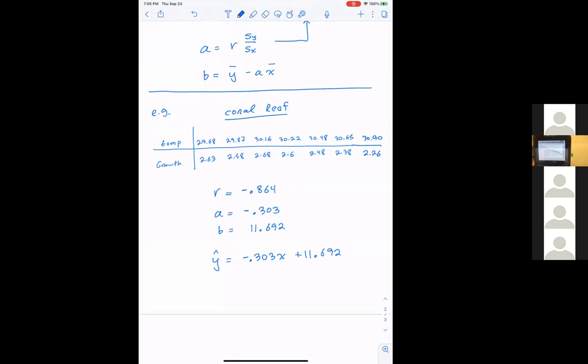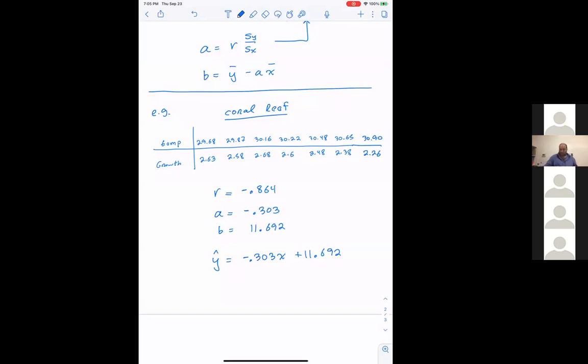And you should hopefully have something that looks like this. Yes. And that's it. That's how you find the correlation.